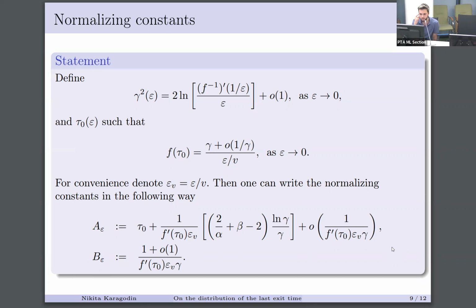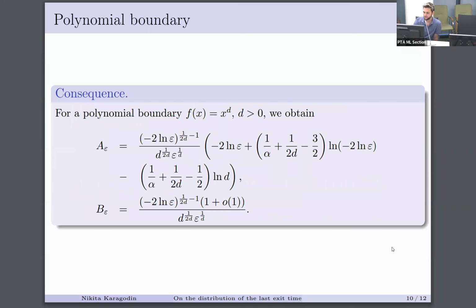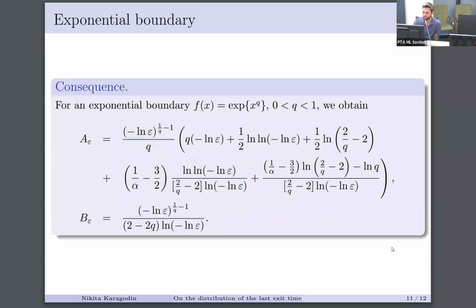So I could just write it without that. And you can find the exact formulas for A and B, and even in the exponential case, you can find them too. So that's all.